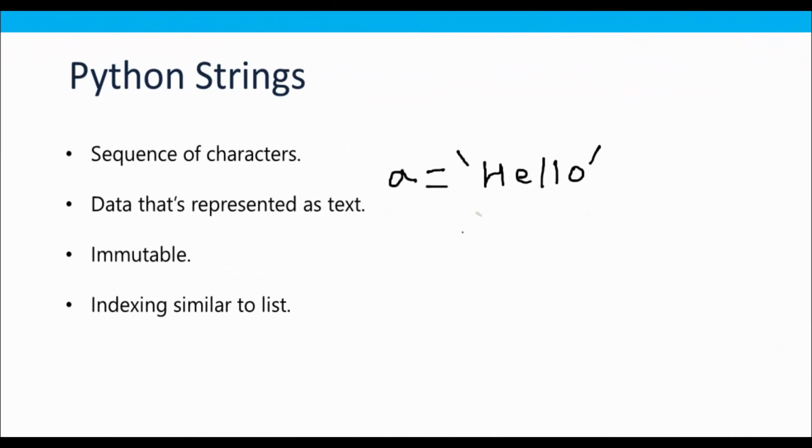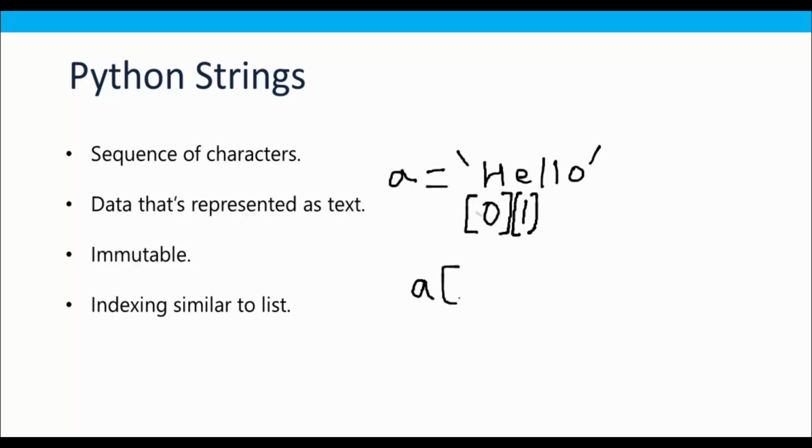The indexing in Python string will be done in a way similar to that of the list. So this h will be assigned the value of index of 0, e will be assigned an index of 1, and so on. And we can retrieve the value by using index in the following manner.